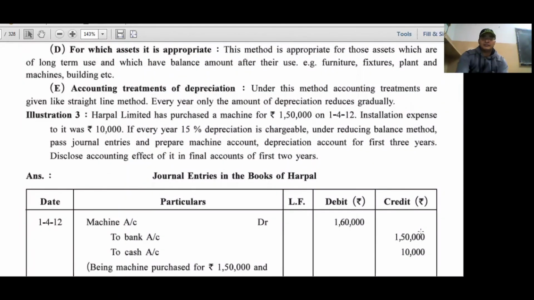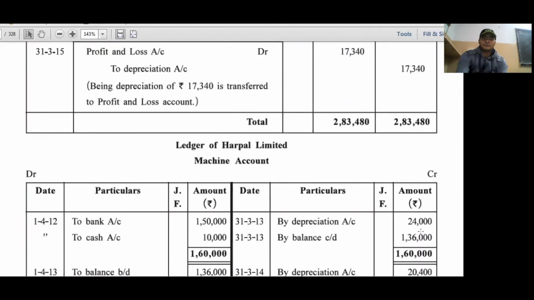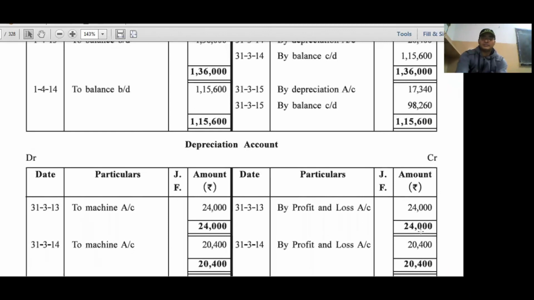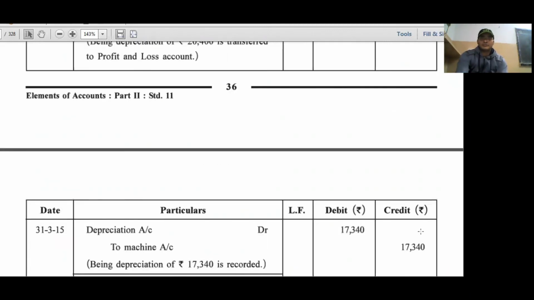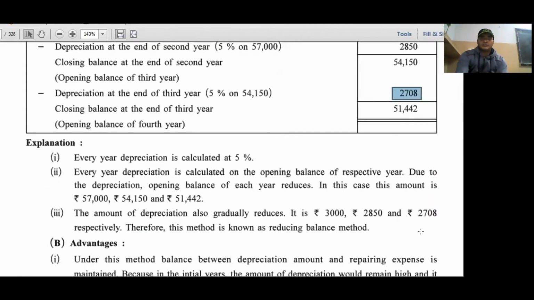Now there are practical sums on it, but now if I am asking you, there are two methods that we have studied. Number one is the straight line method, second one is the reducing balance method. So which method is more appropriate?